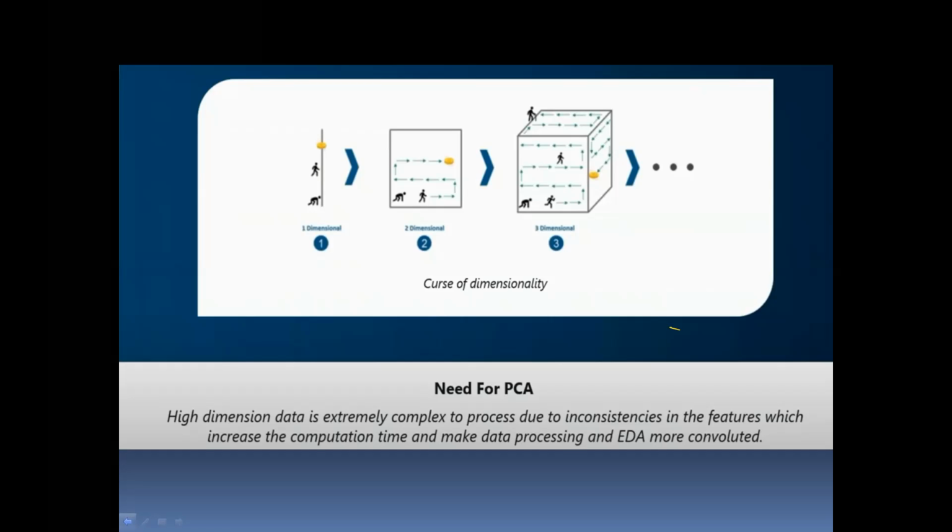figure one. See here, I have illustrated three pictures, right? One is a one-dimensional picture, the second is a two-dimensional plane, and the third one is a three-dimensional cube. Consider the scenario where I drop a coin on that particular line.